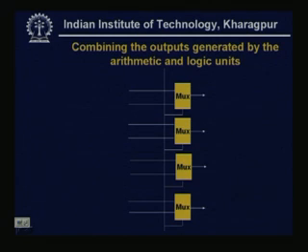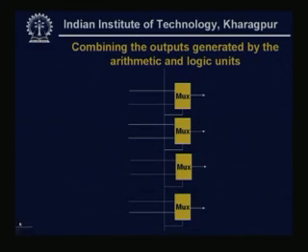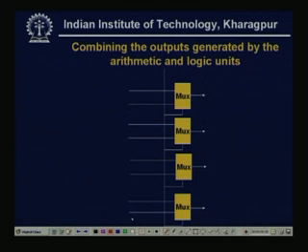Now, we can combine the outputs generated by the arithmetic and logic units. As the ALU has two parts, one is the arithmetic unit and the other is the logic unit.